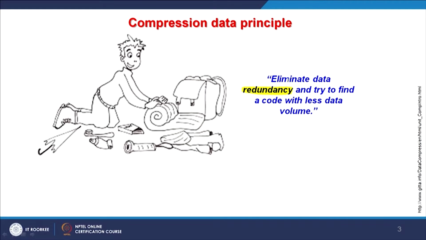So, data compression eliminates redundancy and tries to find a code, and there are various ways of doing this with less data volume. The ultimate aim is to reduce the size of the file, so that it can be stored in the system as well as transmitted through the internet by email or some other ways. That is the basic purpose here.